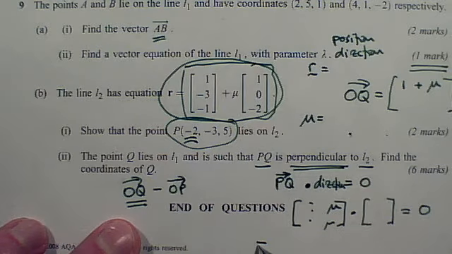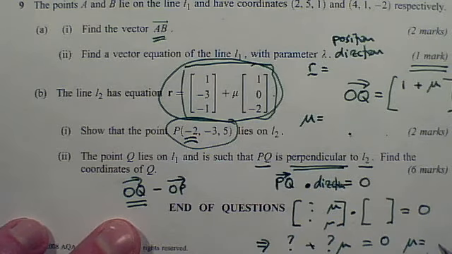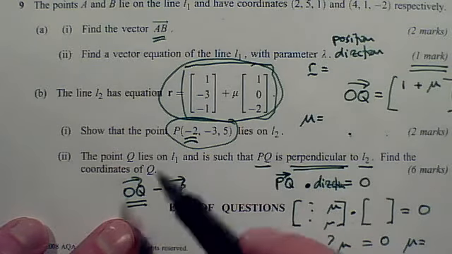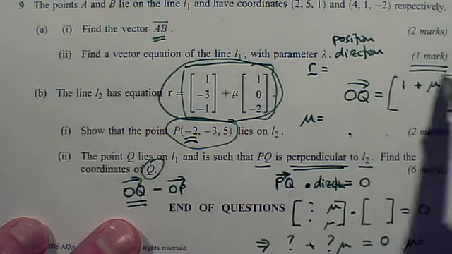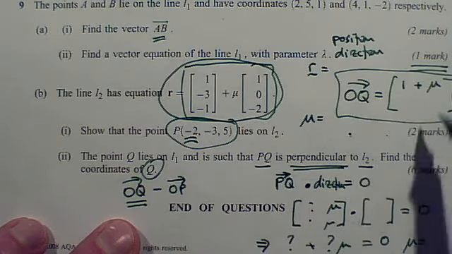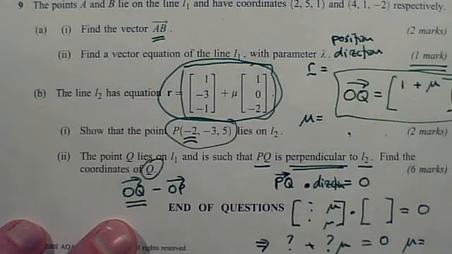So when you simplify this, you're going to get some numbers, and some number times mu equals 0, which will tell you what mu is. And once you know what the value of mu is, you want the coordinates of Q, so you go back to the vector OQ, put in your value for mu, and out comes the coordinates of Q.